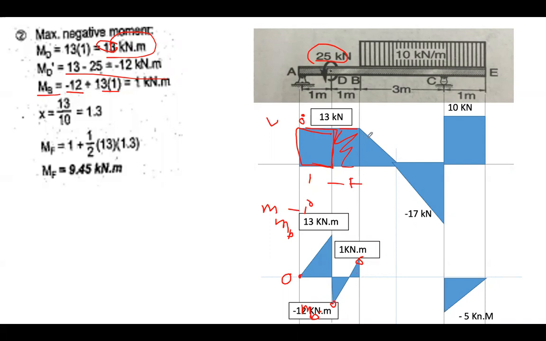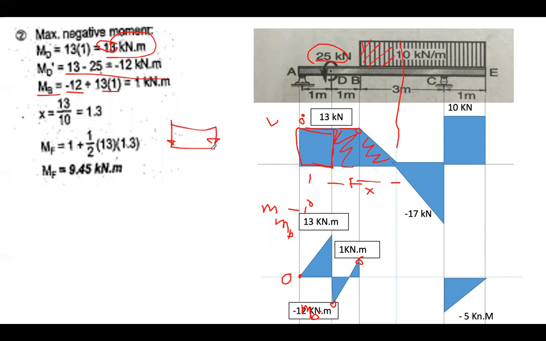And then, how about this area? Okay. First, we need to determine what is this value. Okay. X. This one is 13. So we can just consider, if I'm going to extend this line here, I will just consider this area. So if I'm going to calculate it here, it is just like you have this load.